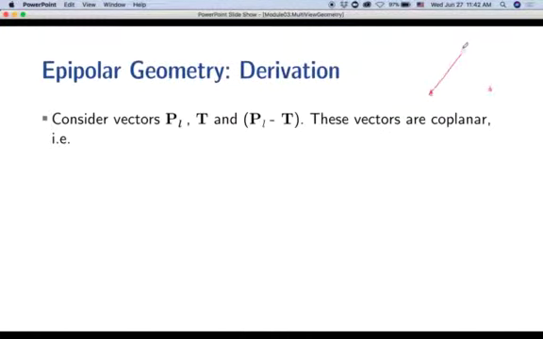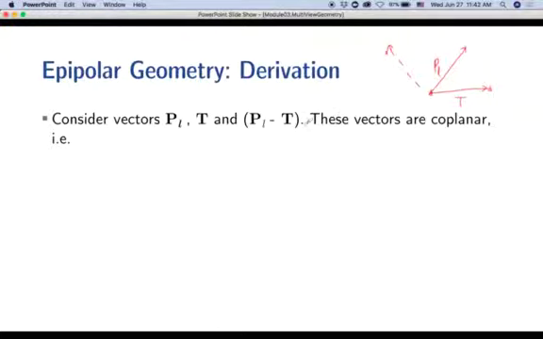So this is T, this is PL, and then PL minus T is another vector in the same plane because it's formed by an addition of these two as the bases. So that would be PL minus T somewhere here. All these three vectors are coplanar because the third one is written as a linear combination of the first two, so necessarily they are in the plane of the first two.